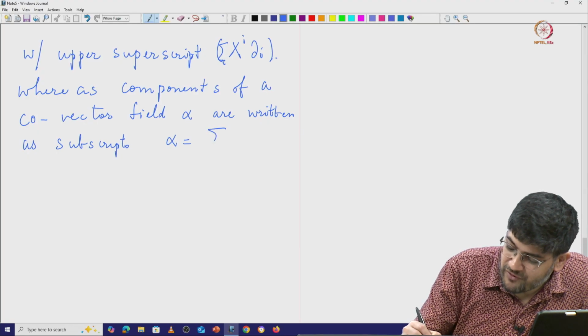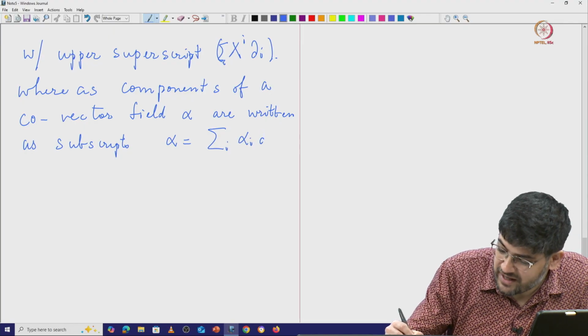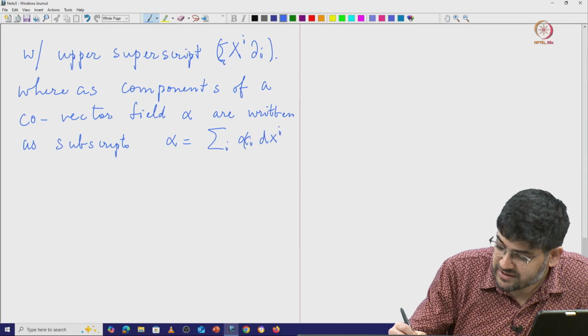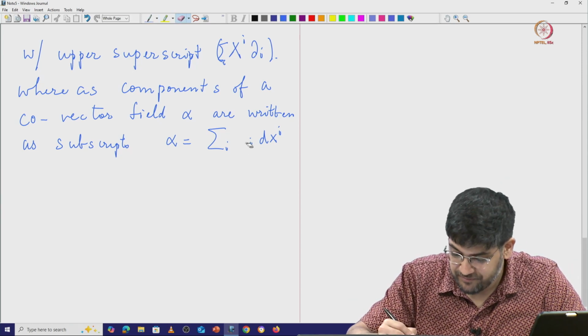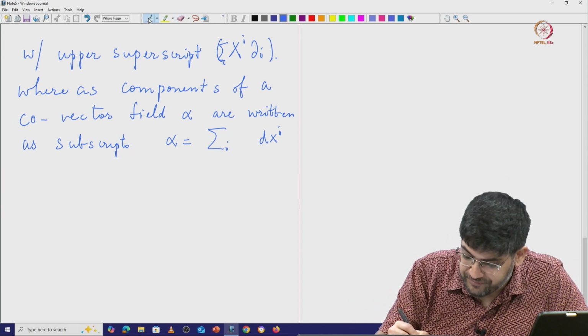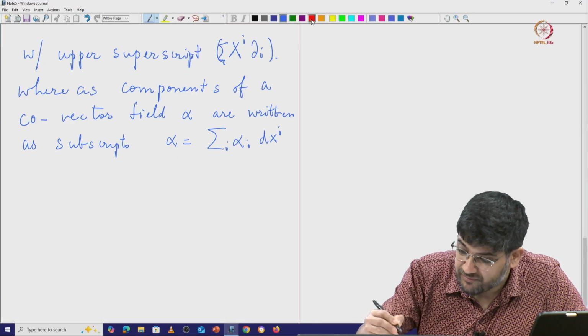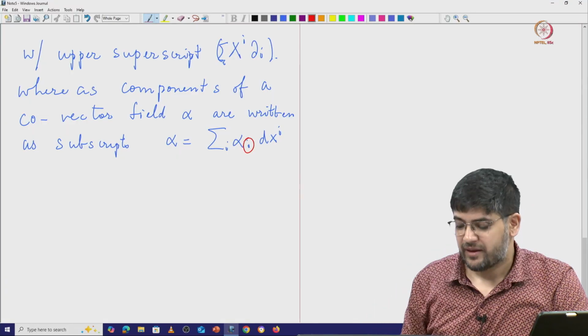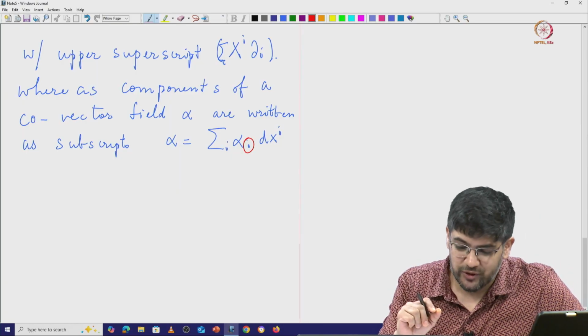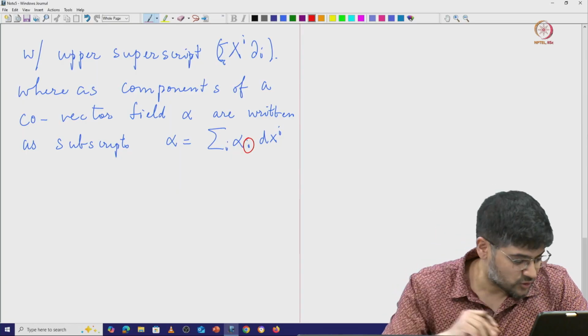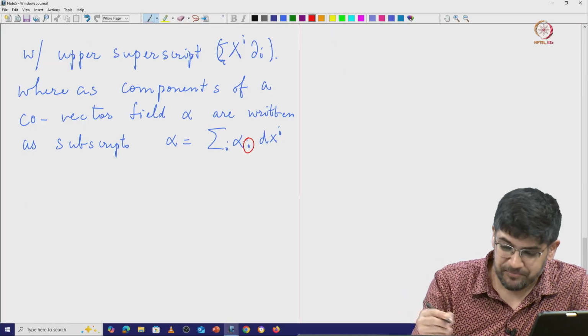So we write alpha as the summation of alpha i dxi. So here this is a subscript. That is just a convention that's followed universally, and so we'll also do the same.